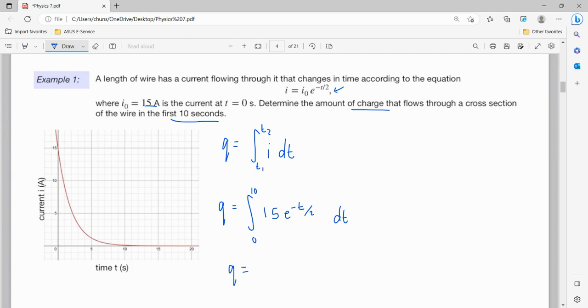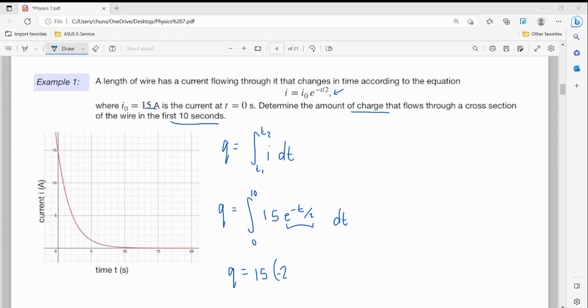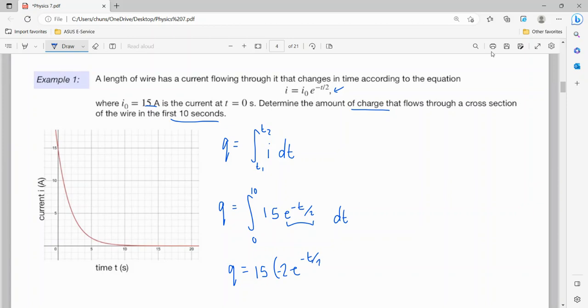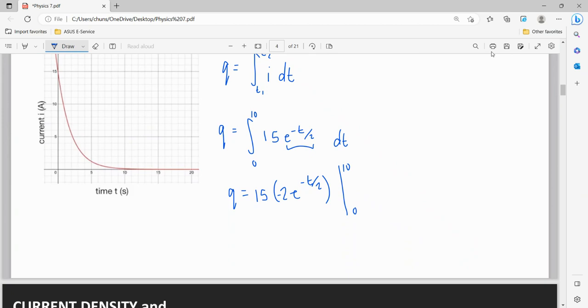Then Q is going to be equal to, kicking out this 15, which is a constant, and integrating this gives us negative 2e to the power of negative t over 2, from our bounds 0 to 10. So then this gives us 15 times negative 2 e to the negative 10 over 2, minus 15 times negative 2 and e to 0 over 2.